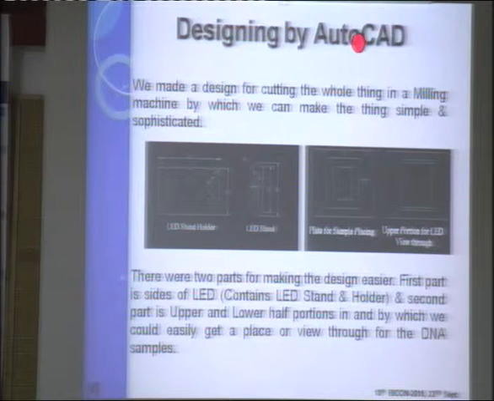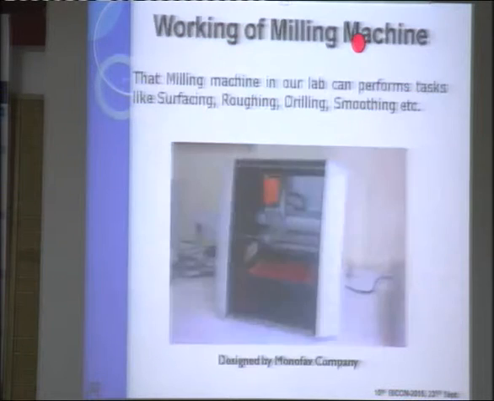This is our design. This is our LED stand holder, and this is the LED stand. There are 5 holes in there. In these 5 holes, we pointed those LEDs, which give light to a pointed place, and we place this LED stand in these 4 holes because we needed about 20 LEDs, because the intensity will be high with 20 LEDs.